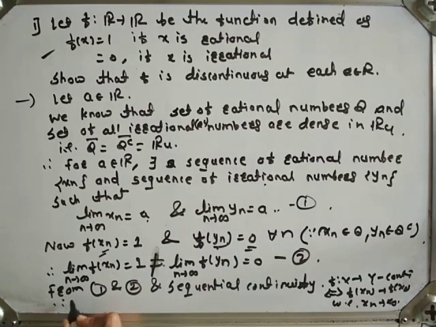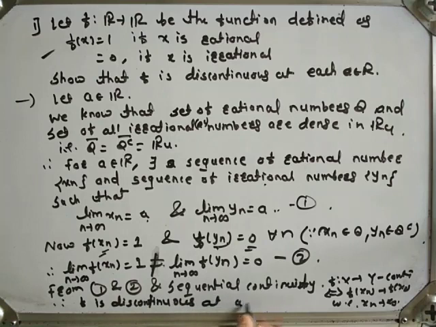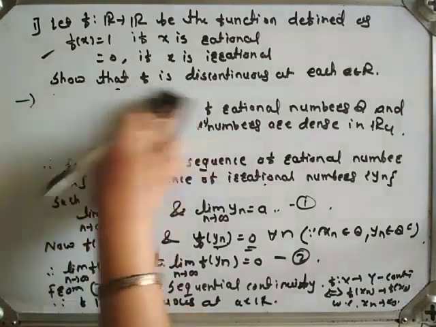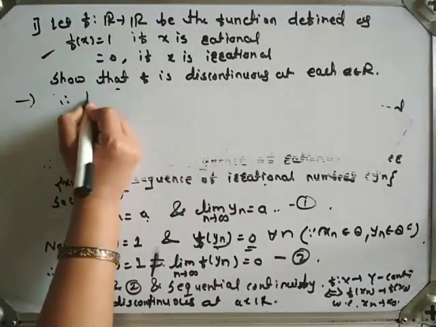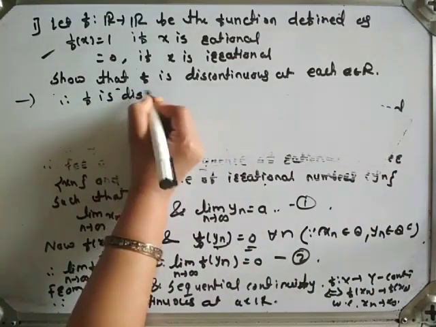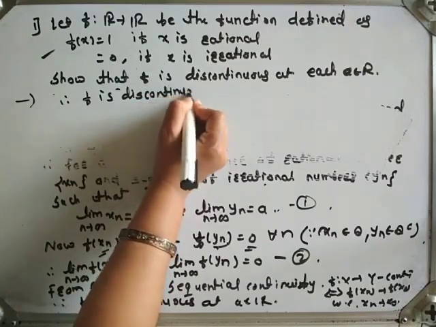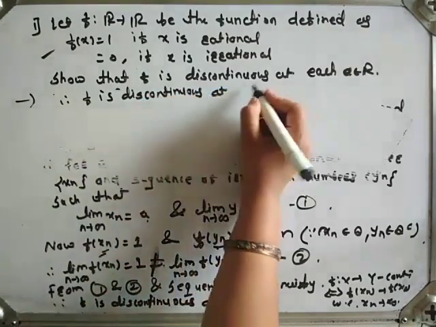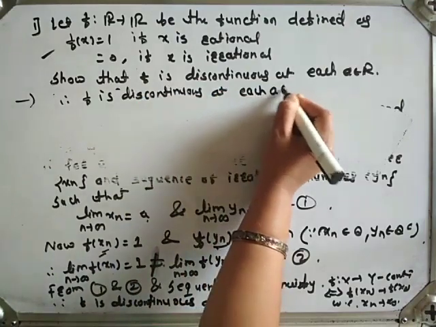Therefore, f is discontinuous, or not continuous, at a belongs to R. Okay, and this is true for any a belongs to R. Therefore, we can say that f is discontinuous at each a belongs to R.